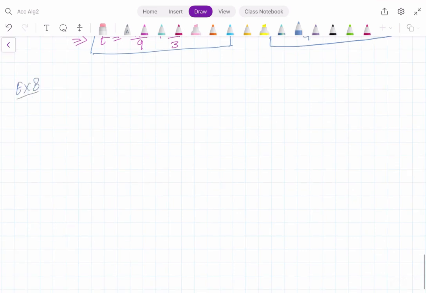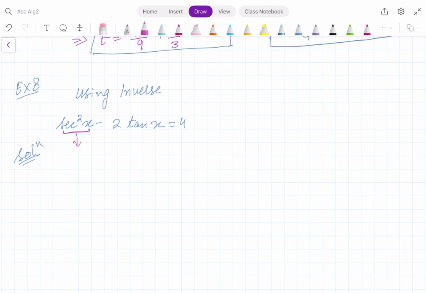Okay, let's take one more example. This time, let's use inverse. So we have secant squared x minus 2 tangent x is equal to 4. Again, rewrite secant squared x as tangent squared x plus 1. And then minus 2 tangent x.